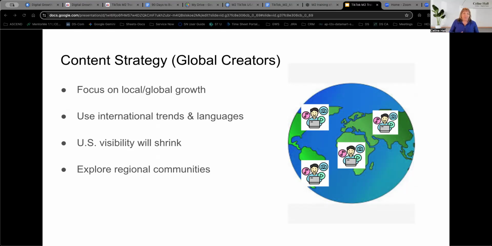Adding captions or voiceovers in different languages can help us broaden our reach. And then number four, we want to prepare for reduced US exposure. If we were relying heavily on US viewers before, then diversify. We've got to diversify our audience strategy.